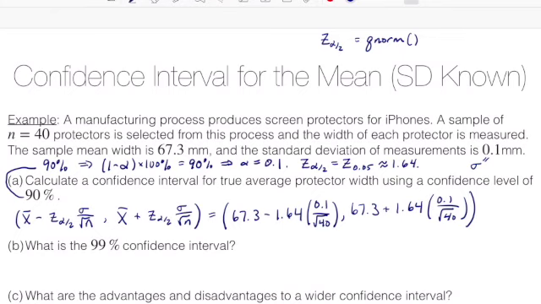And this interval, if we round a bit, we should get 67.27 as the lower bound and 67.32 as the upper bound.